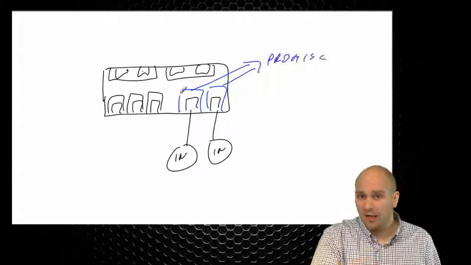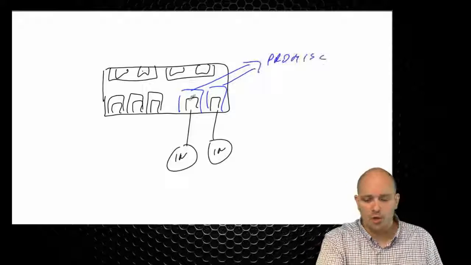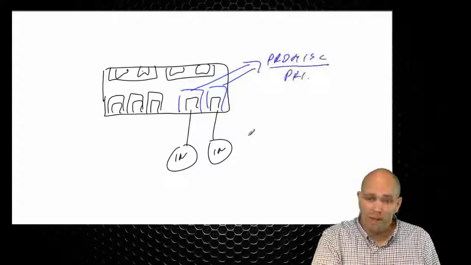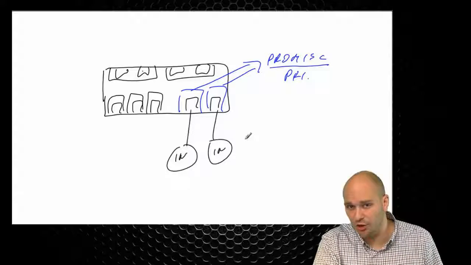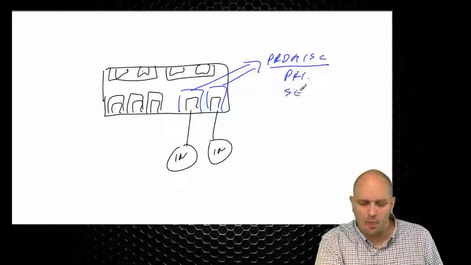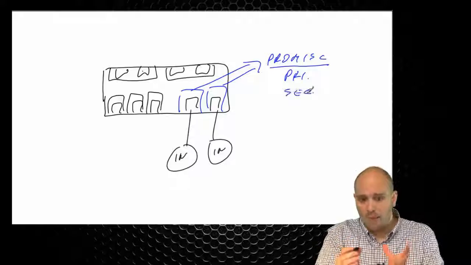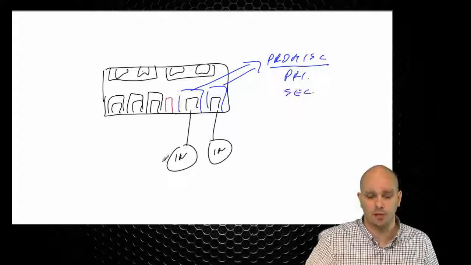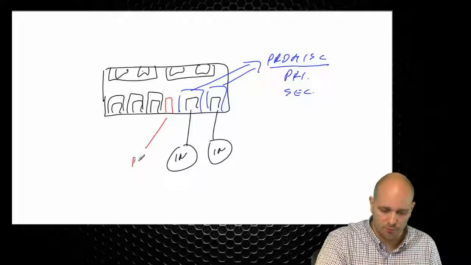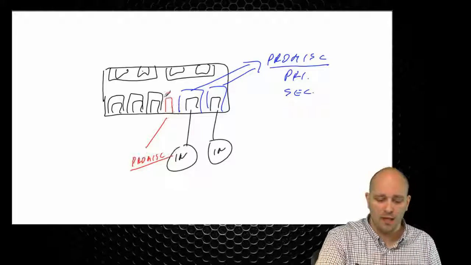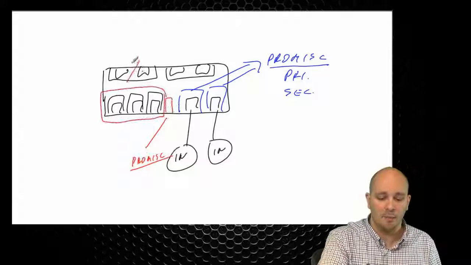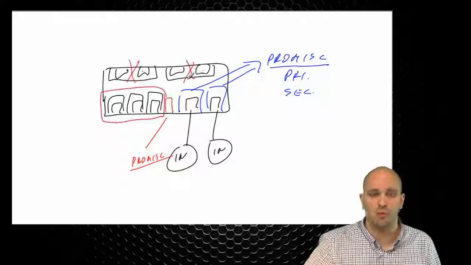Now, when you declare a port as a promiscuous port, you not only have to associate it with the primary VLAN, but you actually have to associate it with the secondary VLAN as well. Why is that the case? Because we could have a situation where this is also a promiscuous port, but it is designed only to service the isolated VLAN, not these two community VLANs.